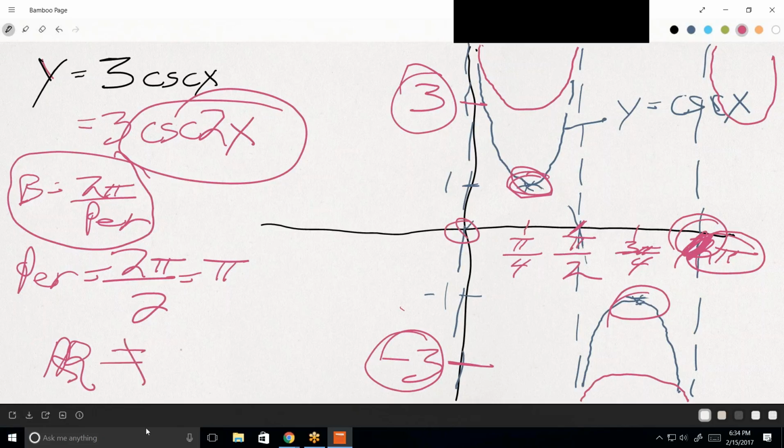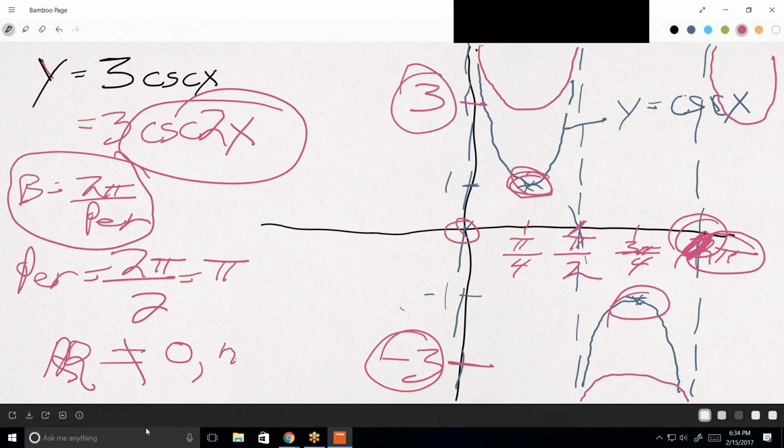X can't be 0. If we're looking at a regular one, in other words, my gray one, where that first asymptote is pi, the second one is 2 pi, well then I cannot have multiples of pi.